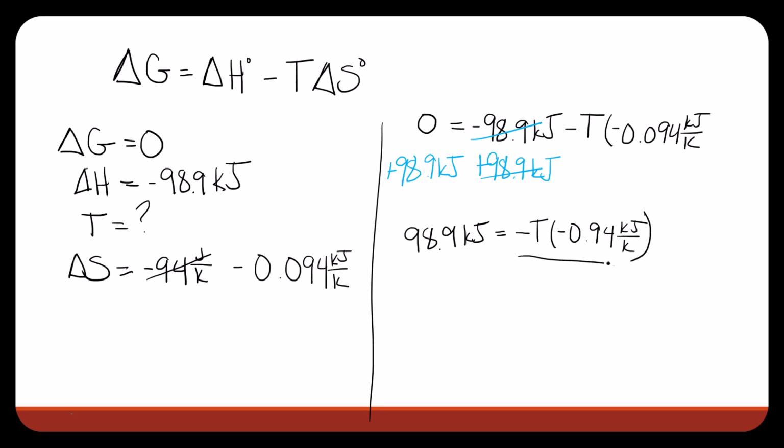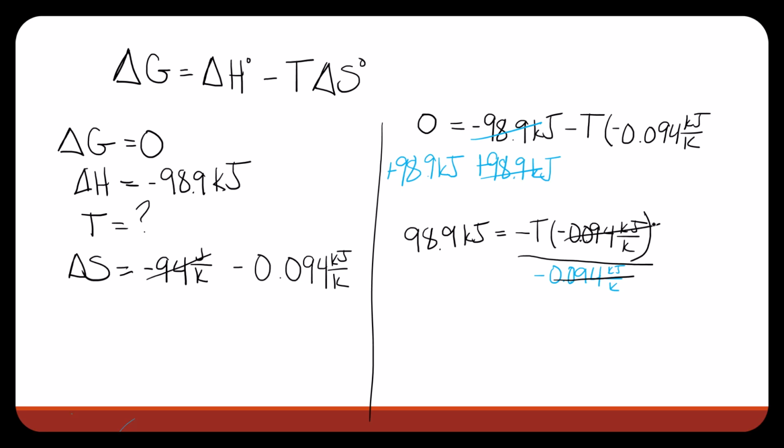So I'm going to divide by this negative 0.094 kilojoules per Kelvin.